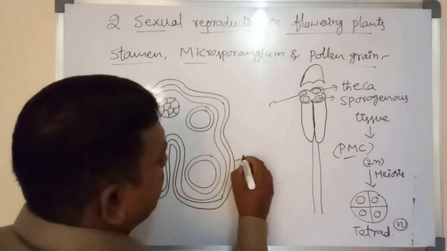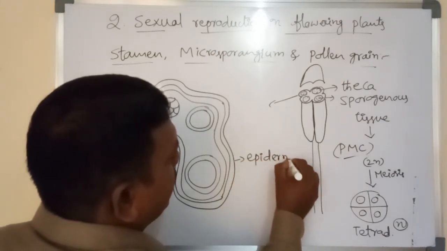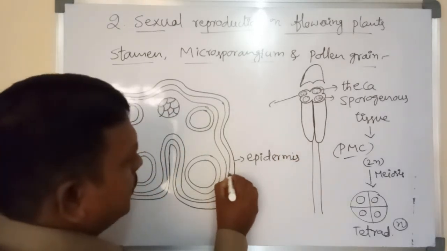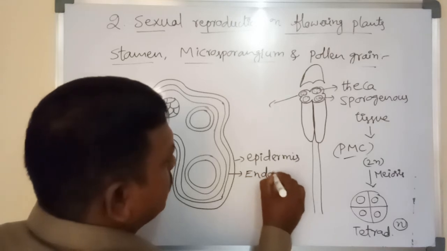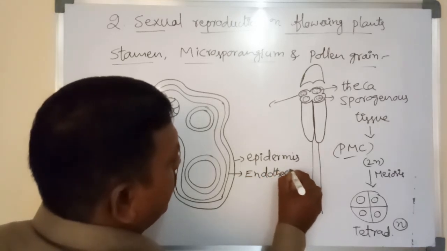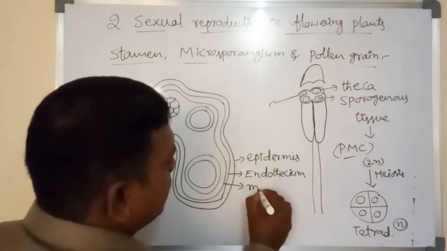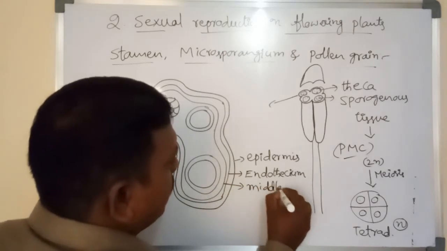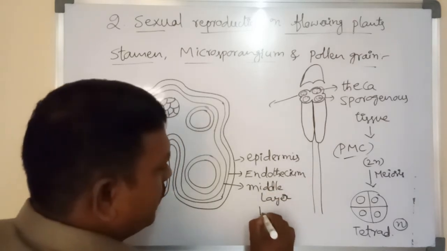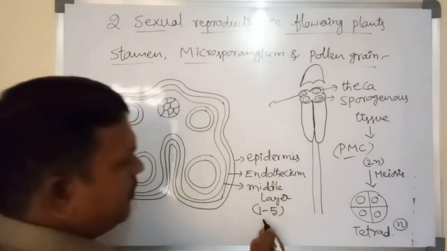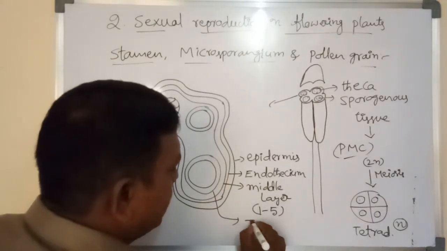Outer layer, epidermis. Second layer, endothecium. Third layer, middle layer. Middle layers number 1 to 5, minimum 1, maximum 5. Innermost layer, tapetum.